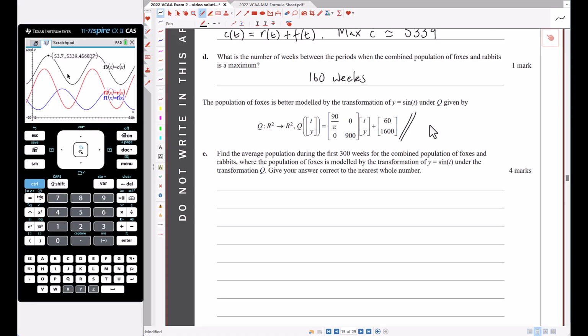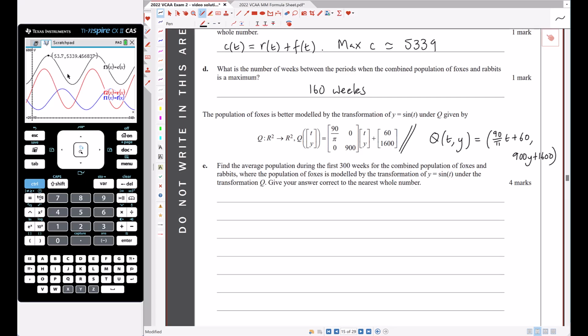I don't think this is the notation they would use, but essentially they're saying that Q of (t, y) is, let me write it, 90 on pi t plus 60 and 900y plus 1600.